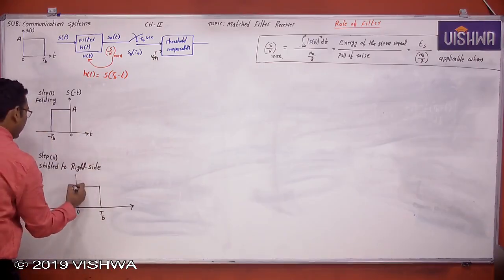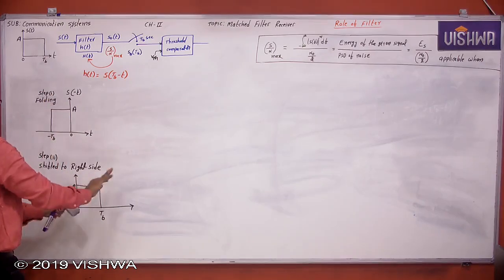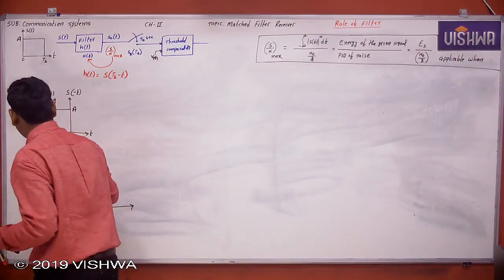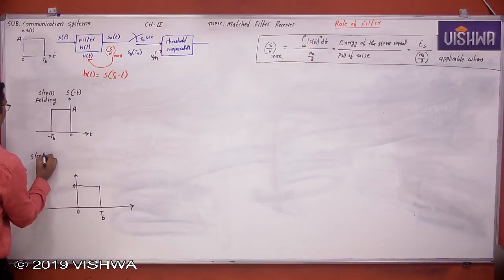Step one is folding and step two is shifting to the right side. Now if you do these two operations, this is step two, shifted to the right side.